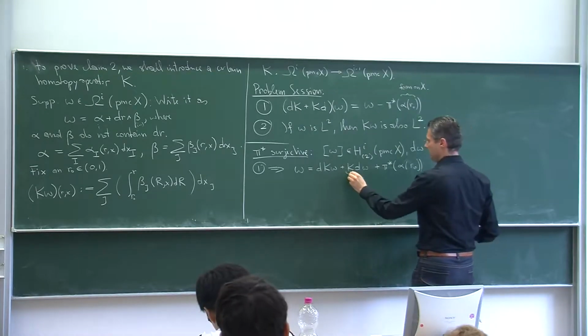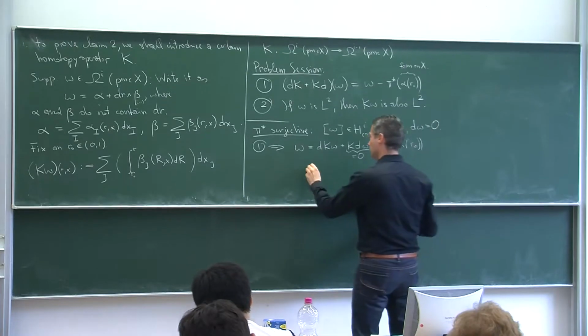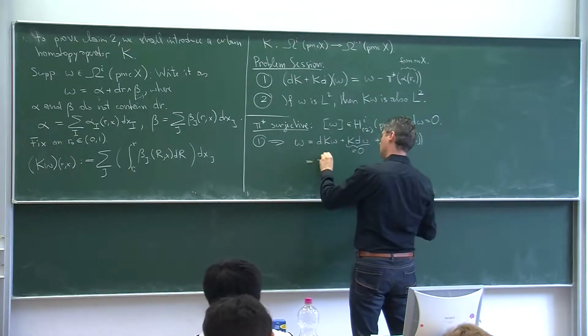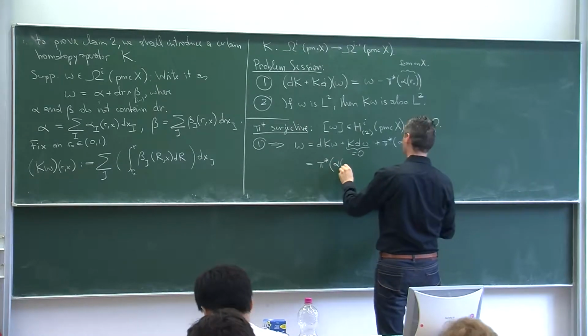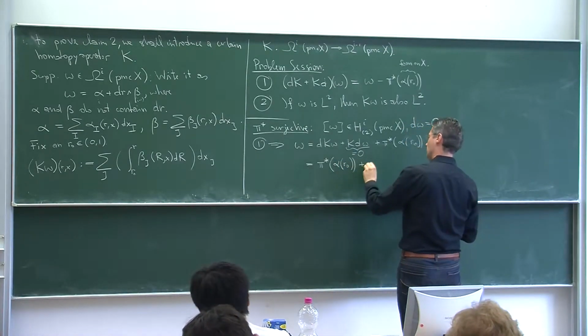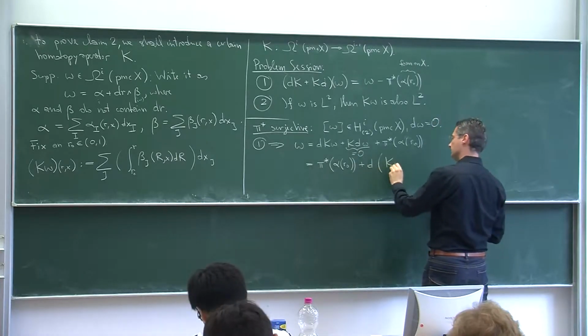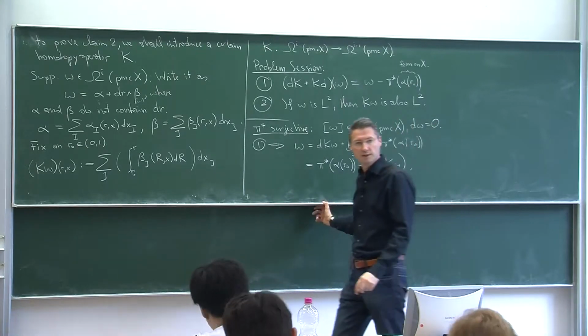But this is 0 because the form is closed, and therefore it is a pullback of something coming from X up to an exact form. And this shows that the map is surjective.